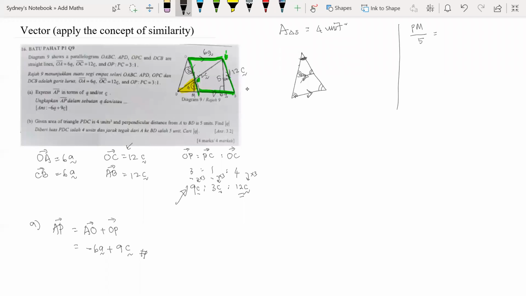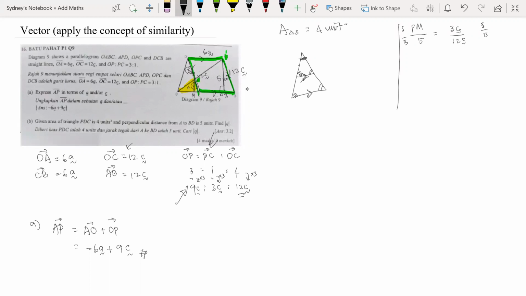Then we take the corresponding parallel side, which is PC. We know that the vector is 3C. So take the sides of the small triangle compared to the side of the big triangle. Okay, can you see that? Small over big. So the other side must be small over big for the corresponding sides.